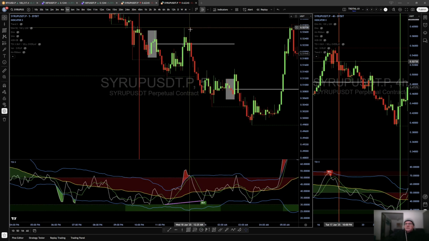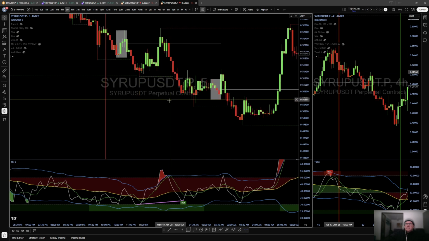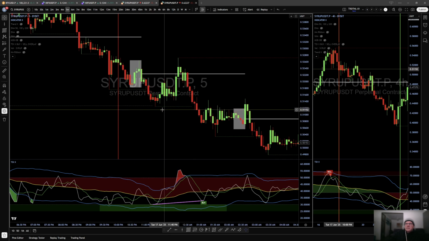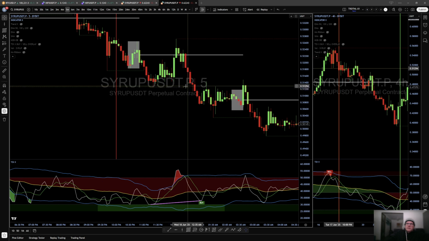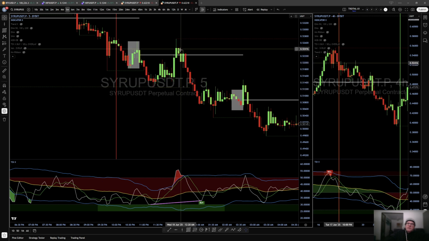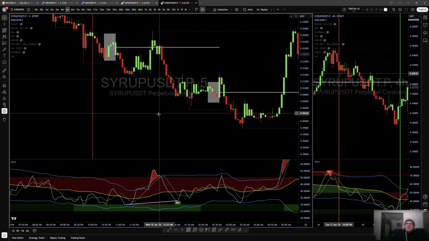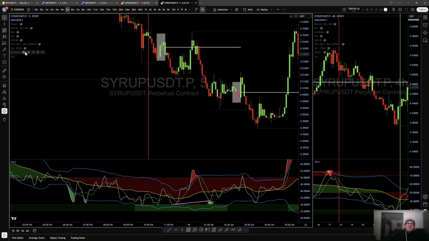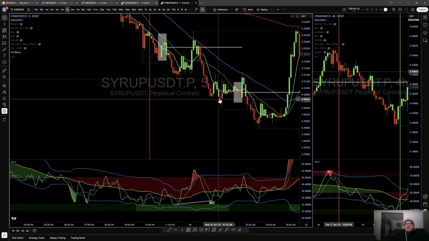If you're in a short and then it goes down and hits this liquidity line here, this green line, you should take profit. You really should have taken profit here, or at least some profit here. But because I'm more experienced, I would have just held it. Not only that, I personally use moving averages, and when it starts to cross the moving average, then I'm like, oh, okay.